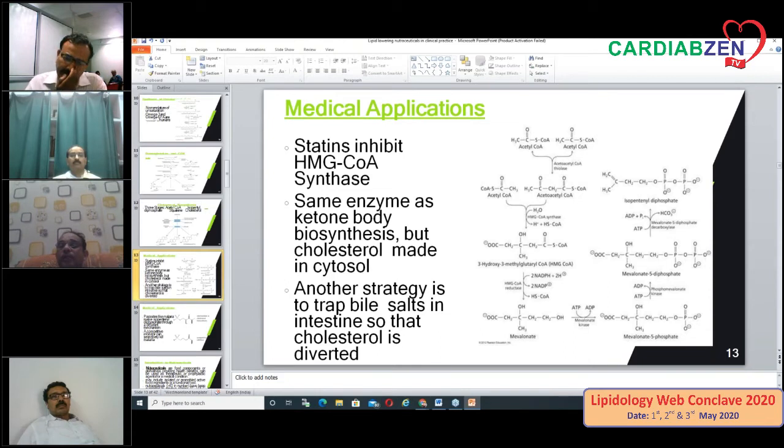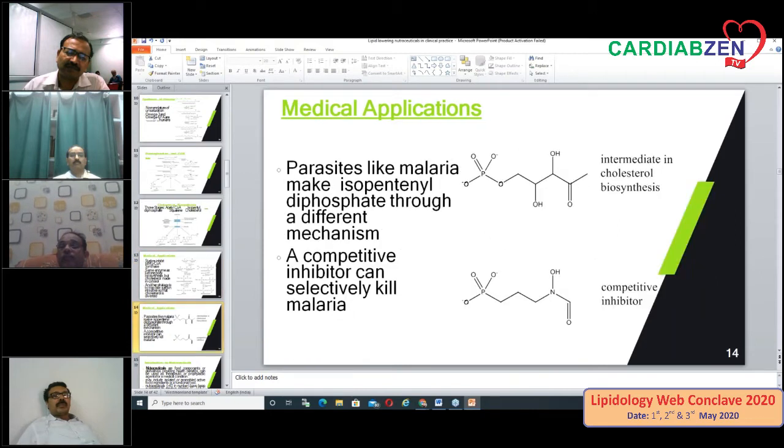These are the basic key sites where you can block the synthesis or the absorption of cholesterol inside the human body, acting either in the gastrointestinal tract, or somewhere in the bile, or maybe at multiple sites.